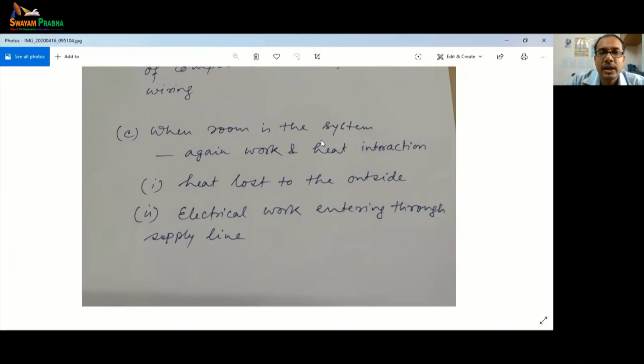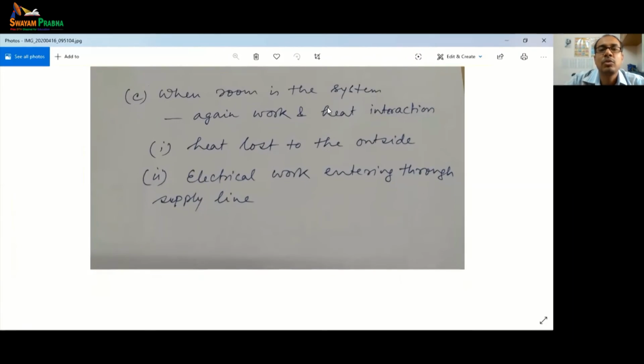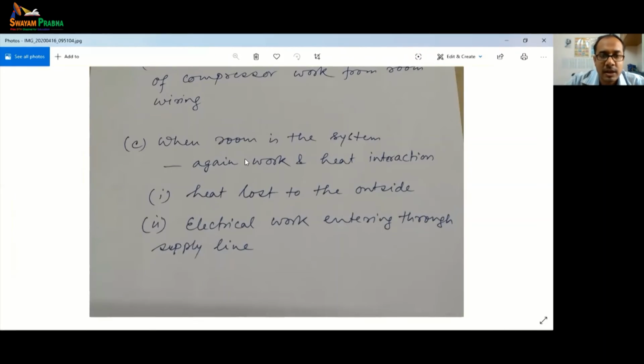Now if we take a superset of that, so the whole room is our system, where the refrigerator is kept, and we want to know what is the heat or work interaction with the room. So if we look there, heat is lost to the outside.